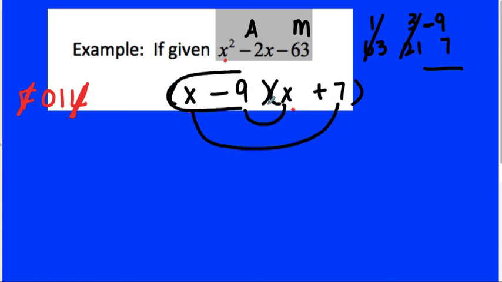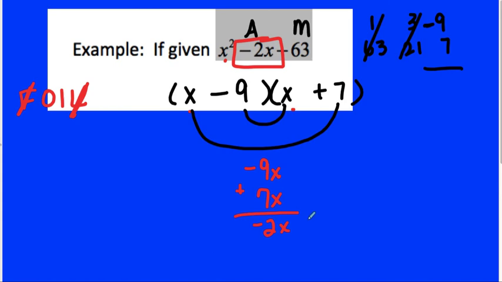It's almost like two eyes, a nose, and a mouth. Okay? And so I connect them, and then I multiply those numbers and write it just below. So -9 times x is -9x. +7 times x is 7x. I add these numbers together and I get -2x, which is what I'm looking for as my middle term. I've checked it, so I'm done.